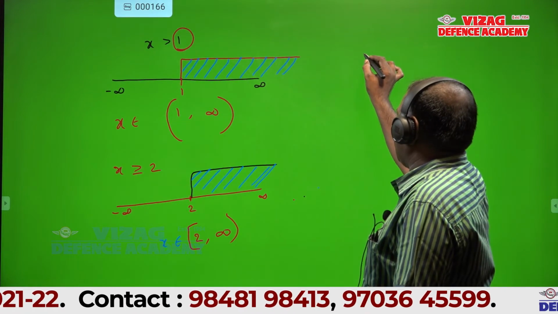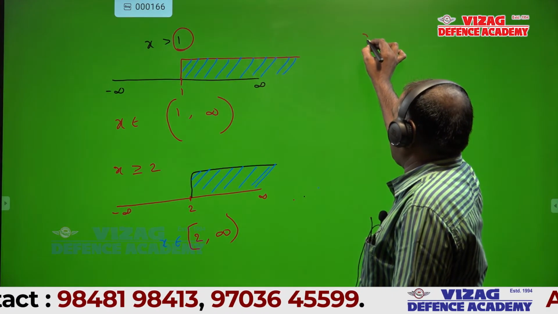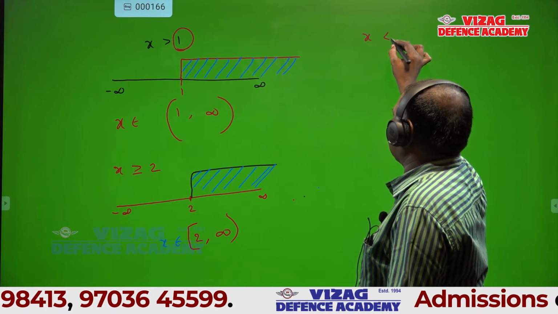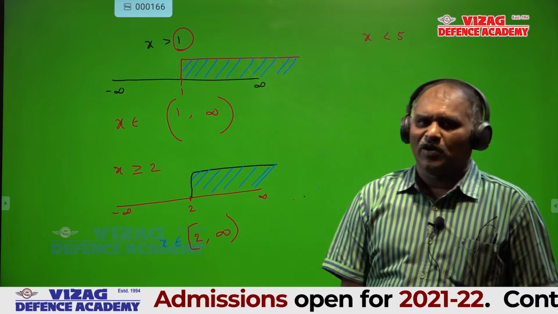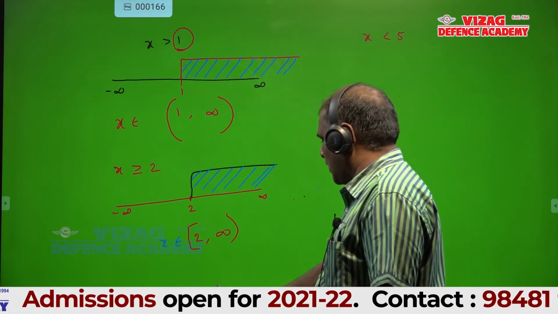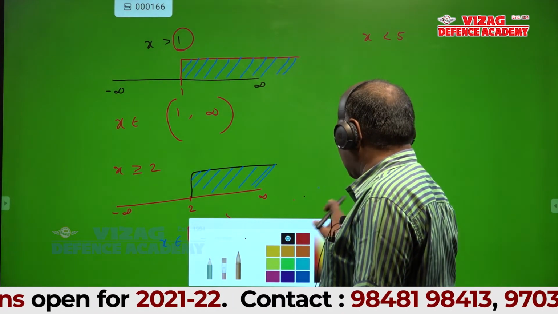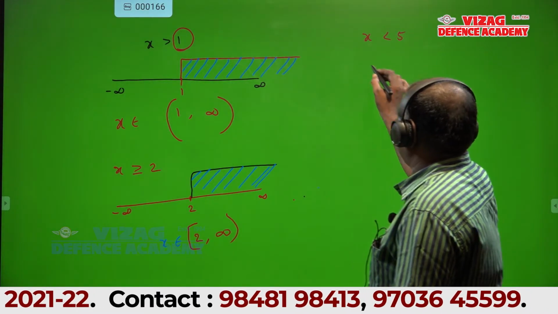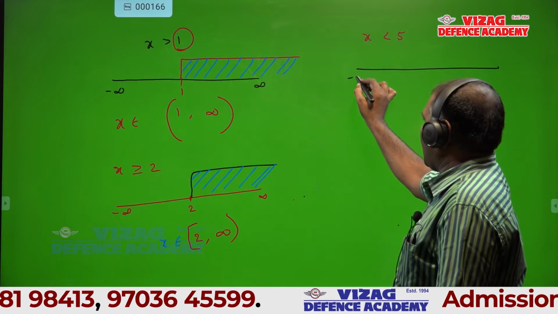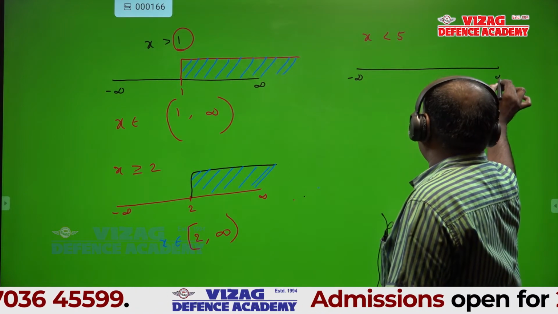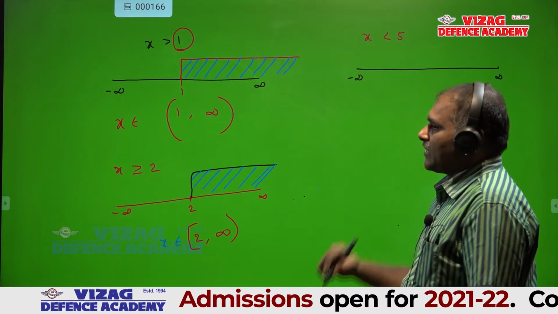Listen, suppose for example x is less than 5. How do we draw this one? Observe, I take the number line, minus infinity to plus infinity.